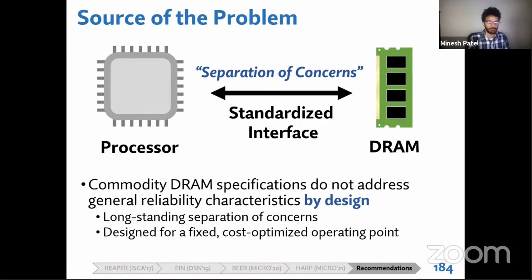Maybe it helps change the retention times of cells, or changes the behavior of one of the error mechanisms that we care about. Yeah, I agree that that is definitely another independent variable that the system designer has control over, but doesn't necessarily know how it's actually affecting the DRAM device. And transparency in that respect, I think, goes hand in hand with the other aspects that we talked about here. I do agree with you.